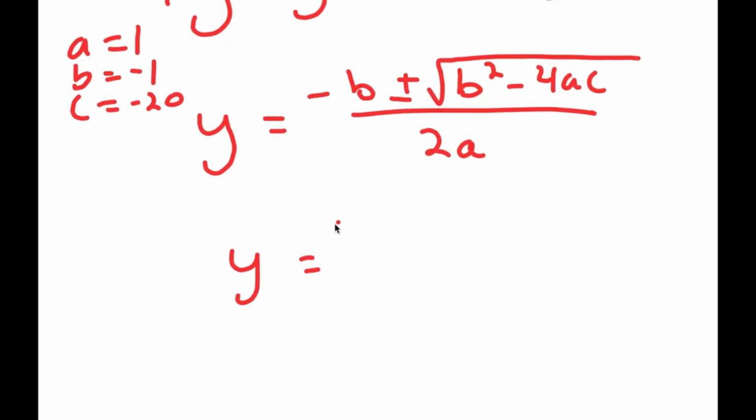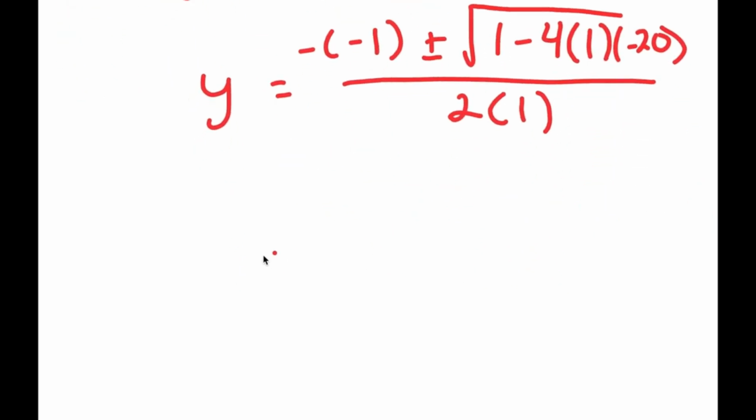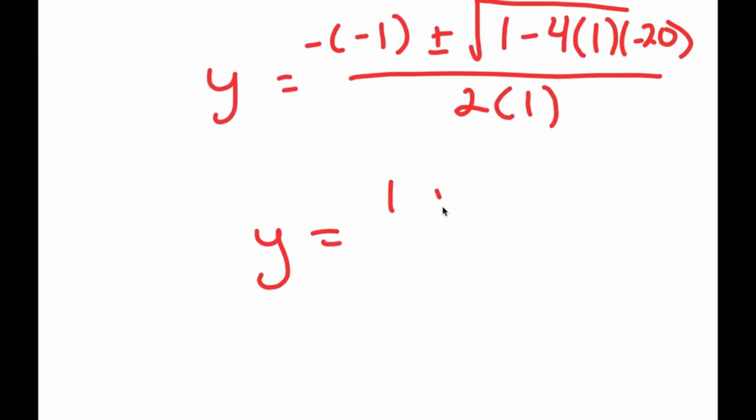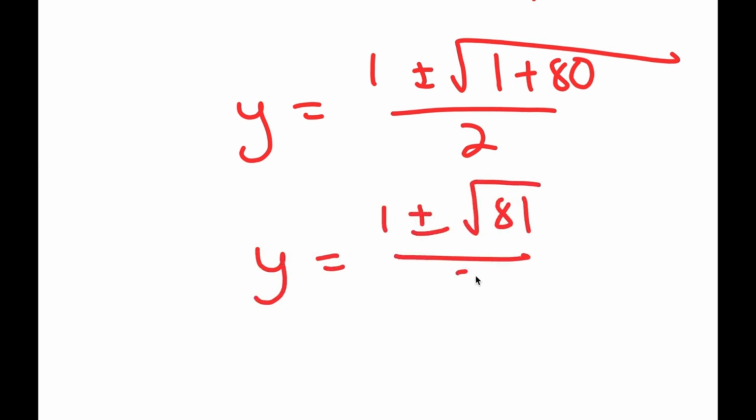So I get y equals negative 1 plus or minus the square root of b squared, so negative 1 squared, which is positive 1, minus 4 times a, which is 1, times c, which is negative 20, all over 2a, so 2 times 1. And this is equal to 1 plus or minus the square root of 1 plus 80 over 2, which is equal to 1 plus or minus the square root of 81 over 2.